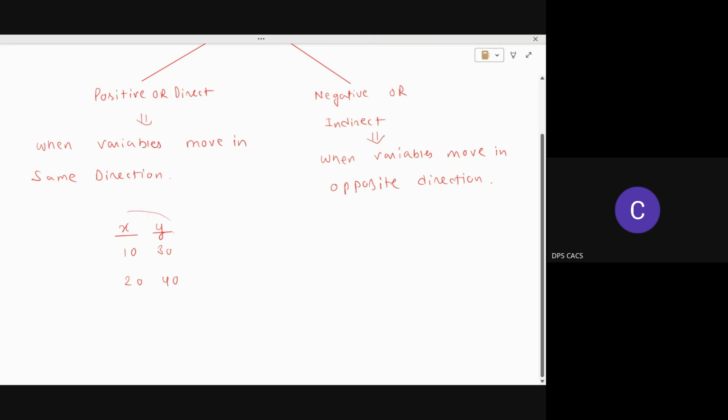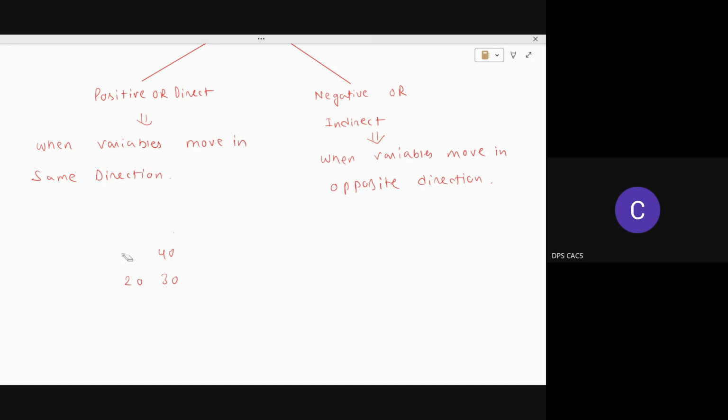So what kind of correlation is this? Positive correlation. But if I change the example and make it 40 and 30, then they are moving in the opposite direction. That means it is a negative correlation, right? So positive is moving in the same direction, negative is moving in the opposite direction. Positive is also known as direct correlation and negative as indirect.